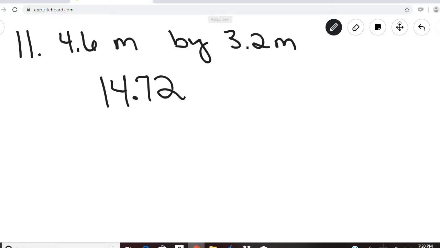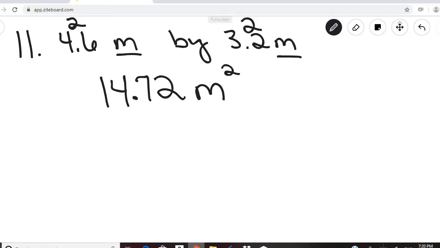The first thing that is wrong with the answer is it has no units connected to it. When you multiply meters times meters, you get meters squared. And then the second thing is the significant figures. This has 2 significant figures, and this has 2 significant figures.